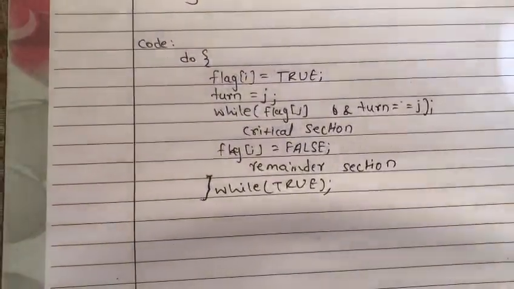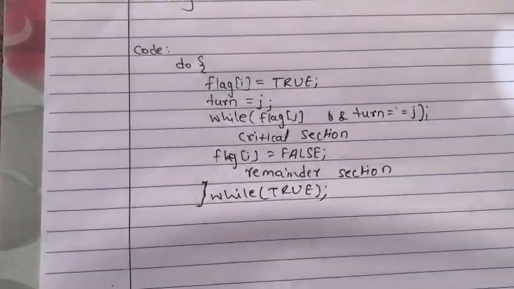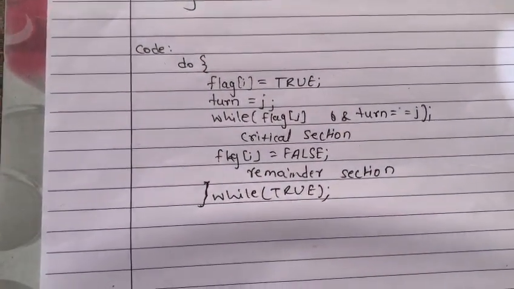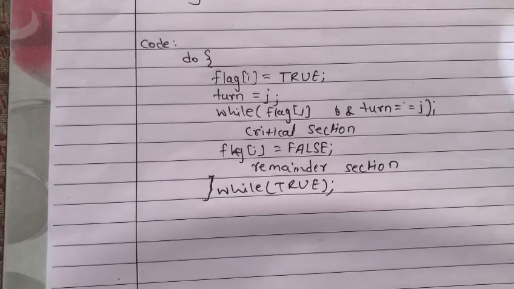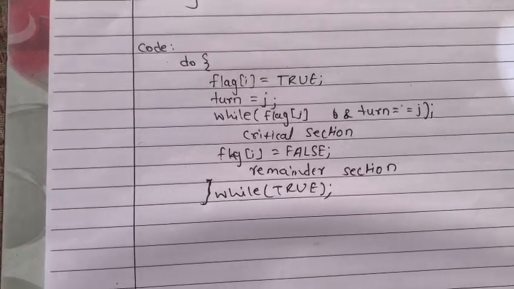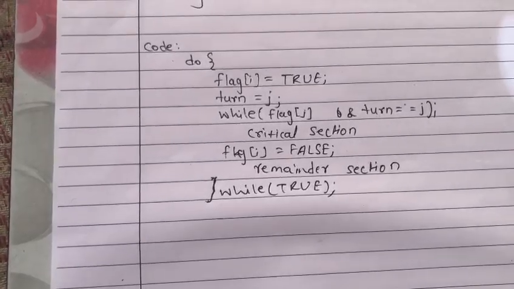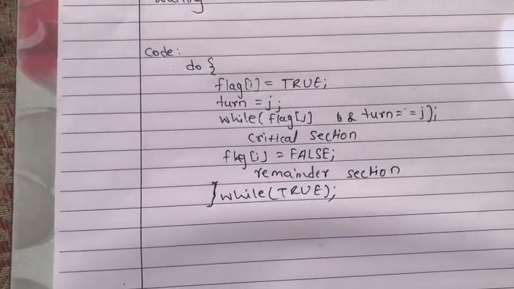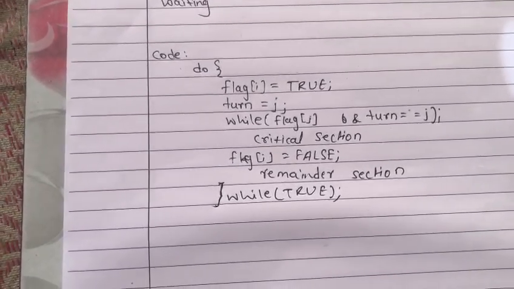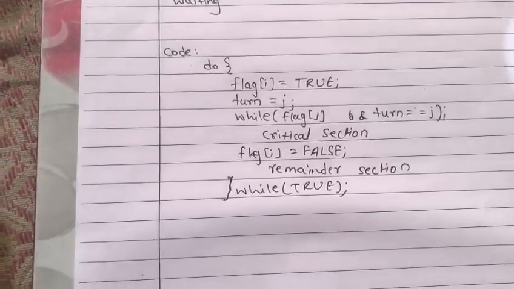It gives the turn to the other process. Then it waits while the other process also wants to enter and it's the other process's turn. Once that condition is false, the process enters the critical section. After finishing, it sets flag[i] false.